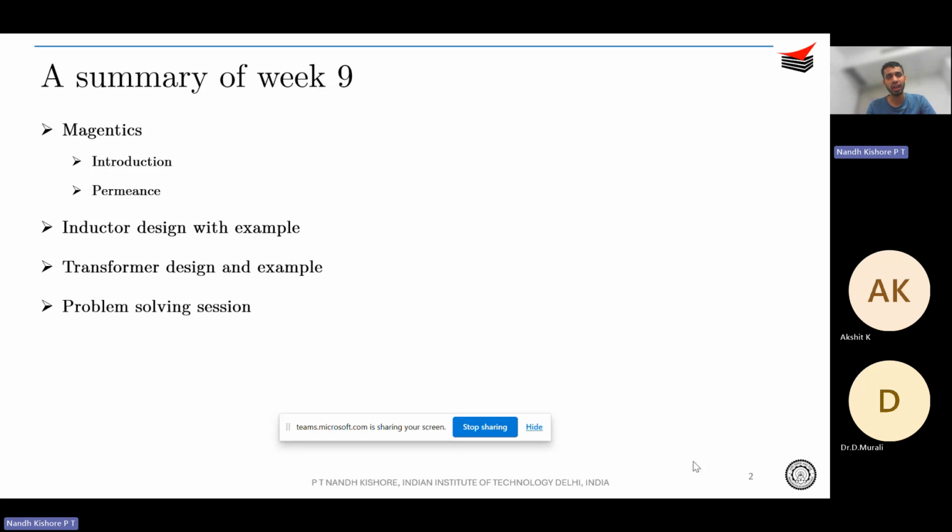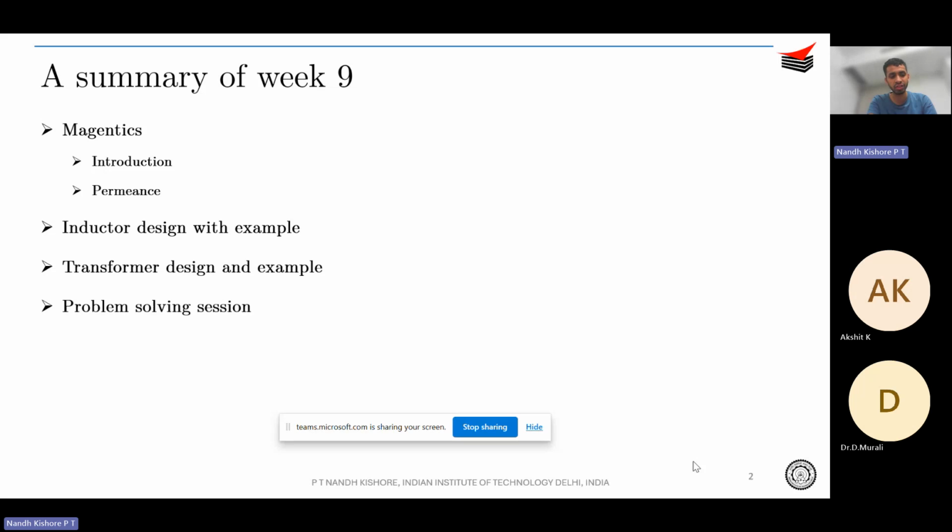Whatever area product you calculate, you choose a core which has an area product more than the value that you have calculated. Only then it is physically possible for you to wind the required number of turns on the bobbin of the core. After that, you also studied how to choose an appropriate wire gauge.